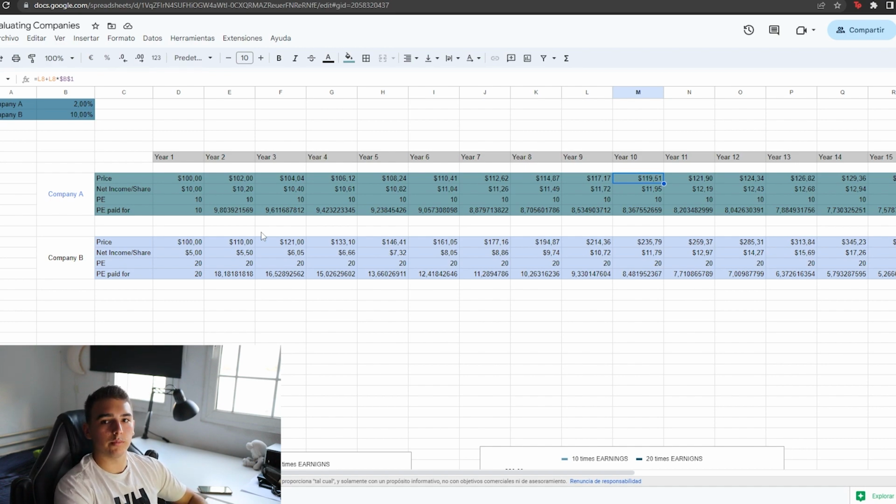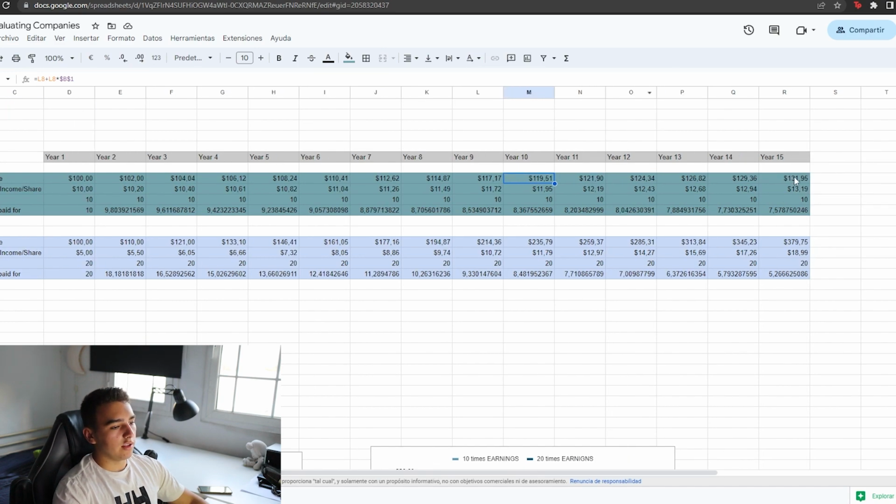This is how we're supposing this model. And by year 15, as you can see, company A would be making $13 and company B would be making $19.